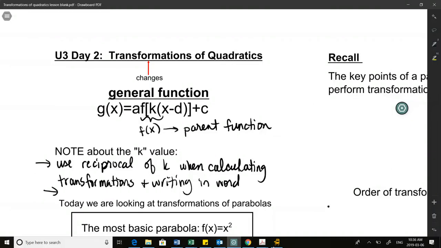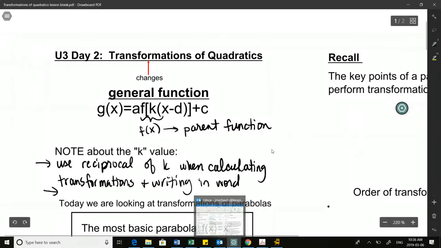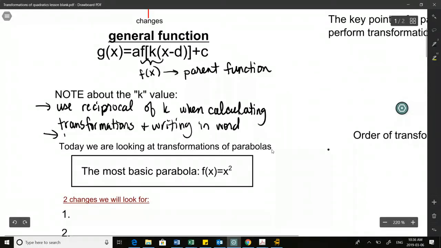So we always must make sure that that k value is common factored out from the x and the d. So that's the other thing that we want to make sure with the k value. So make sure it's common factored out from x and d. If it's not, you have to common factor it out yourself.